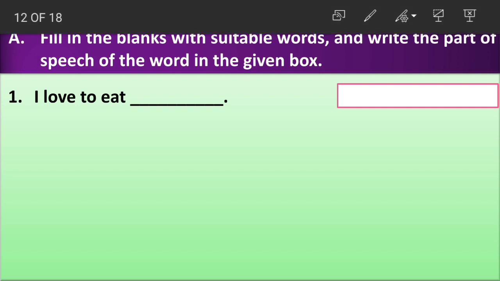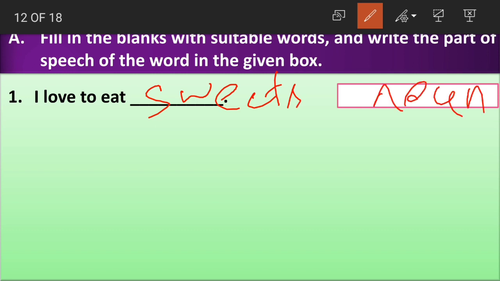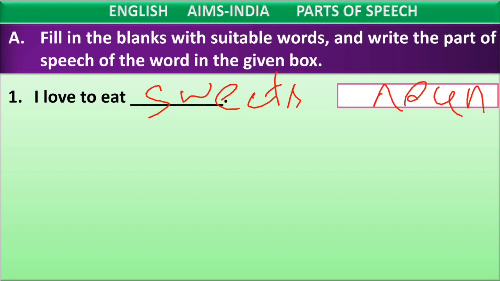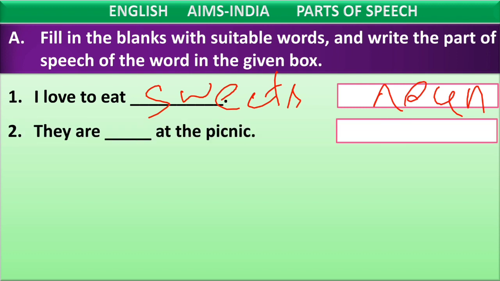Suppose, for example, I write sweets. This becomes a noun here. Okay children, clear? Second one. They are dash at the picnic. So, what do we do at the picnic? We'll play, we'll enjoy, we'll sing.